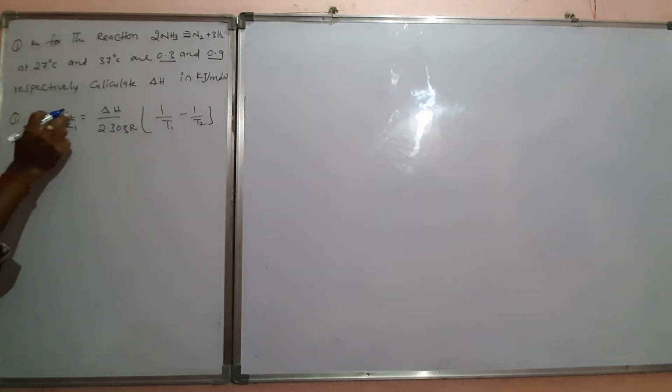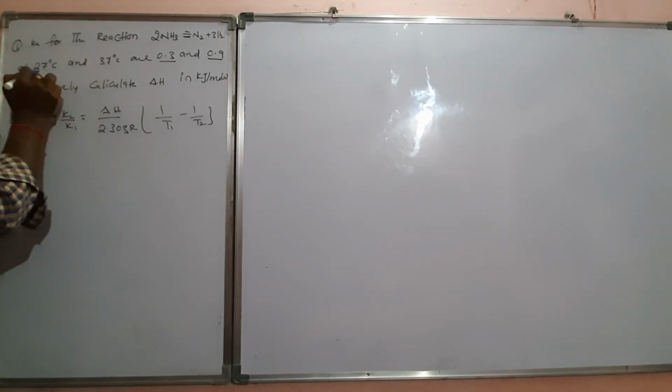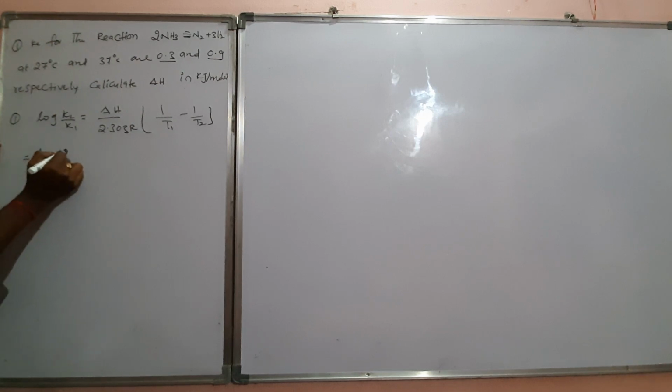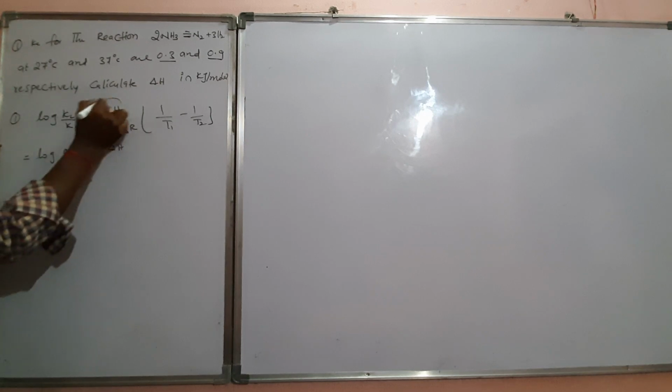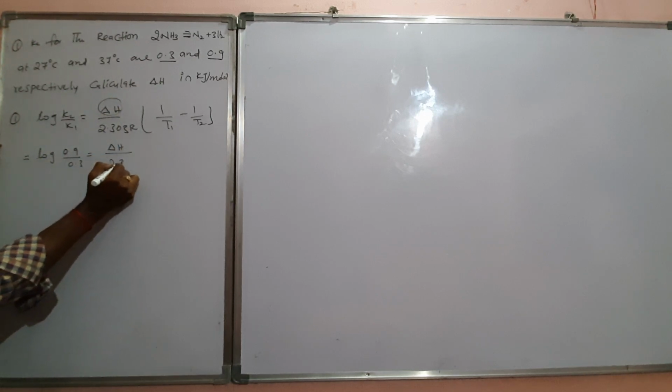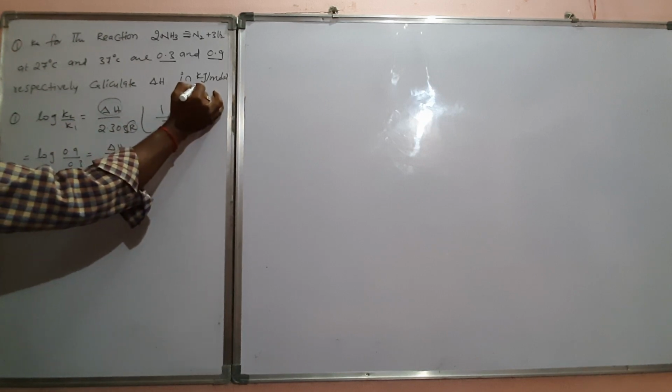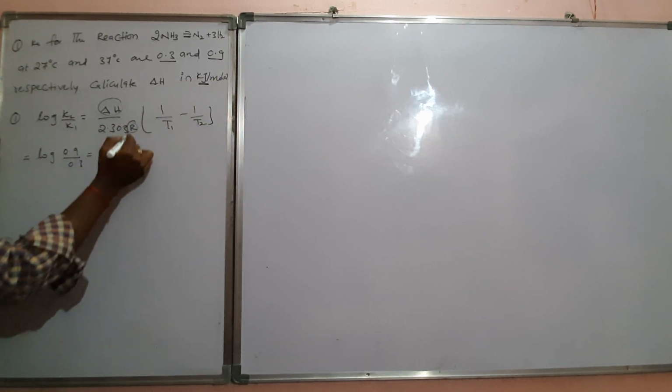So log of 0.9 upon 0.3 is equal to delta H by 2.303 R, and R we have to take in joules, because delta H is asked in kilojoules.